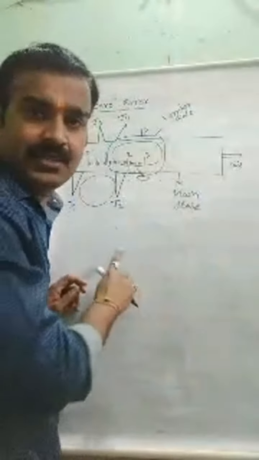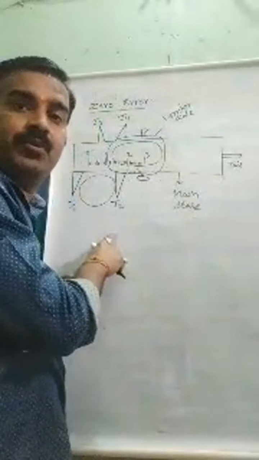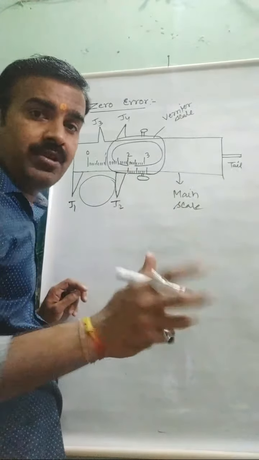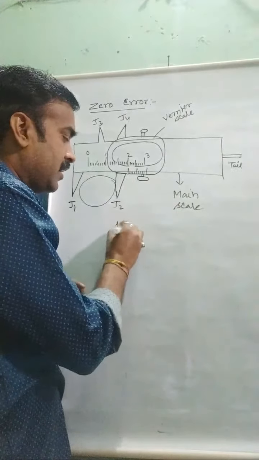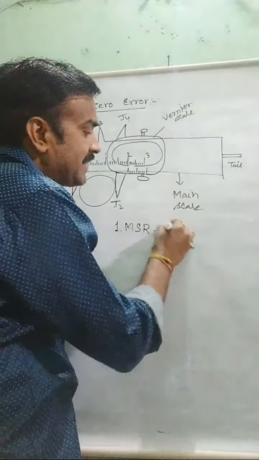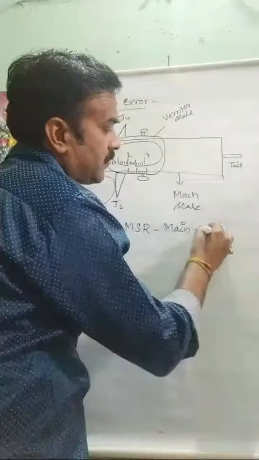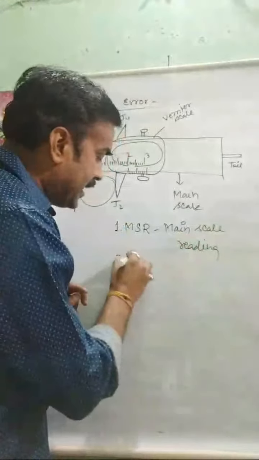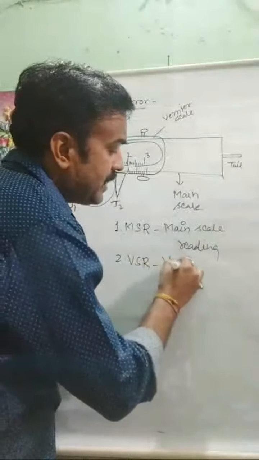After putting the object, you have to find two things. First one, MSR, main scale reading, and the second, VSR, Vernier scale reading.